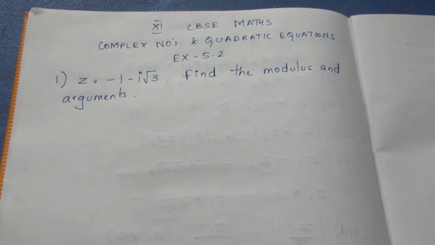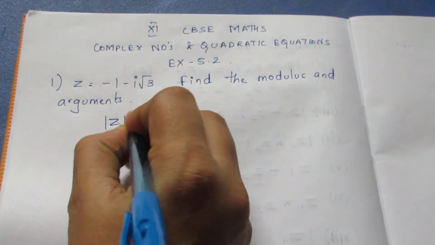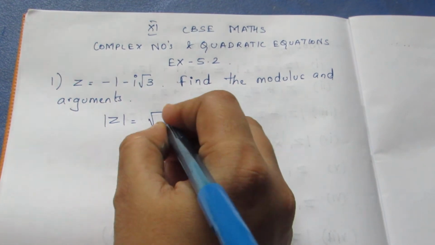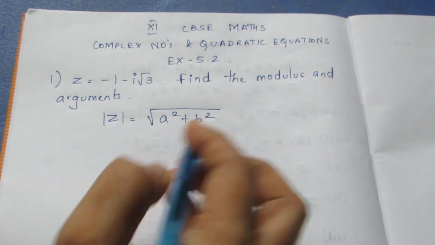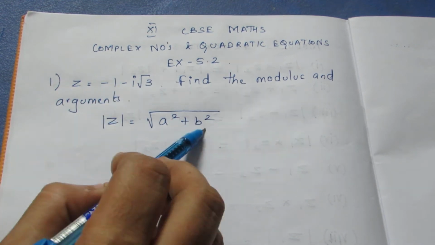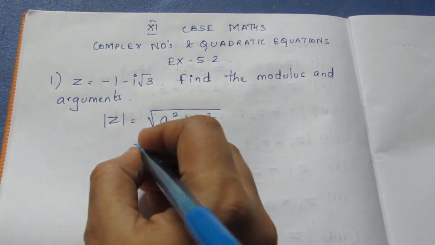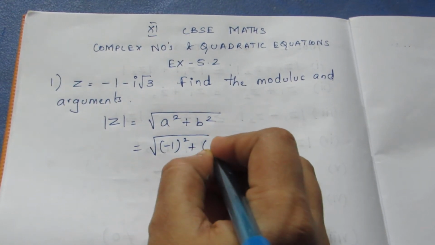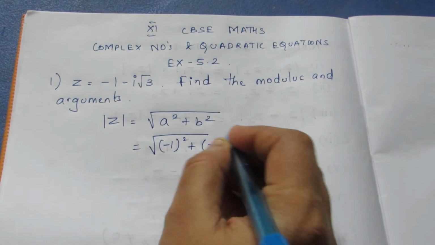Here we need to find the modulus. I have given an introduction video on the formula, just have a look. Here modulus z is equal to root of a square plus b square. A square will be your minus 1, the real part, and b square will be your imaginary part. So just substitute the value and square it.